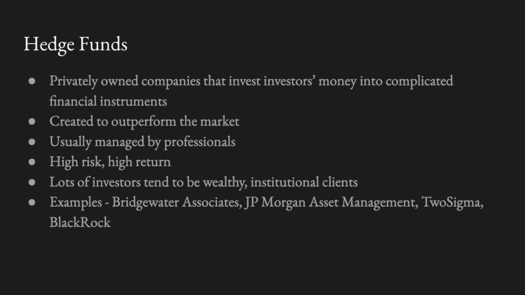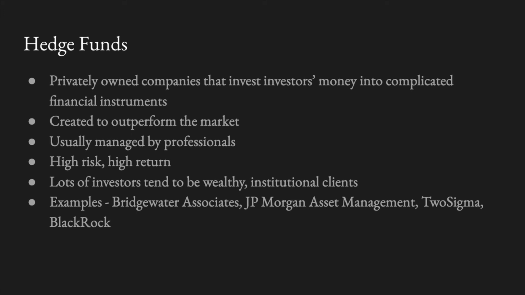Now, the difference between hedge funds and mutual funds is the clients, or the investors, the people who put money into hedge funds and mutual funds. Mutual funds generally tend to be for the average investor who is of a moderate to lower income status, whereas hedge funds are for wealthy and institutional clients.